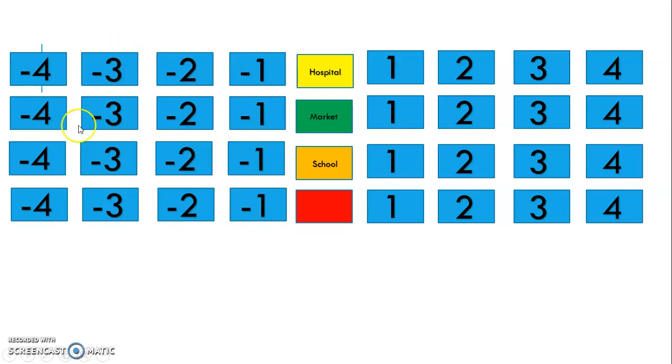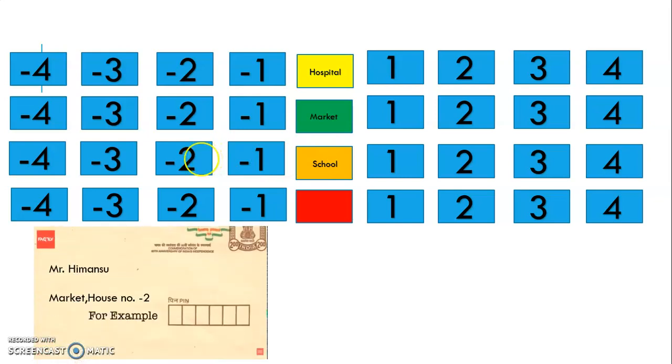How do we give house numbers to the houses that are to the left of the hospital, market and school? It is simple, just as how we gave numbers to the left of the post office as negative, we can do the same thing with school, market and hospital.